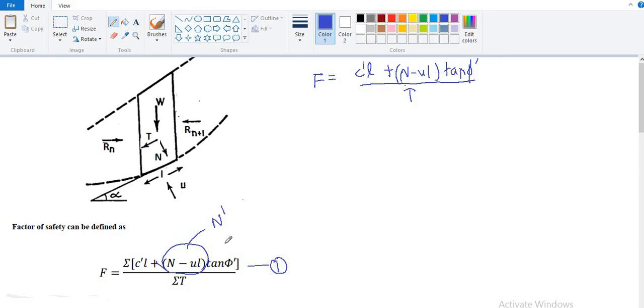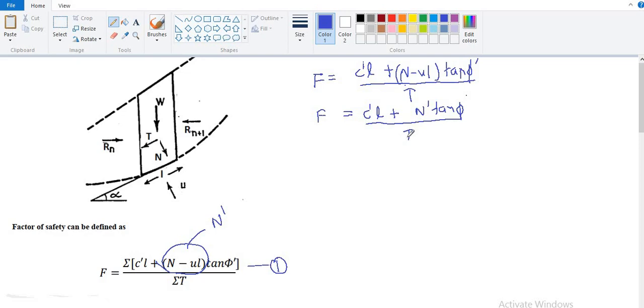Not the stress, actually the force. N dash. So therefore you can write this as C dash L plus N dash tan phi dash over T. That is the factor of safety.